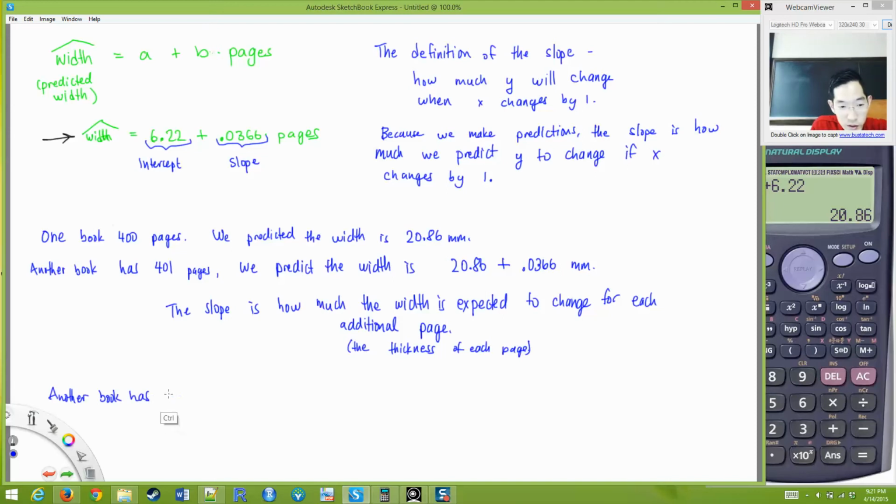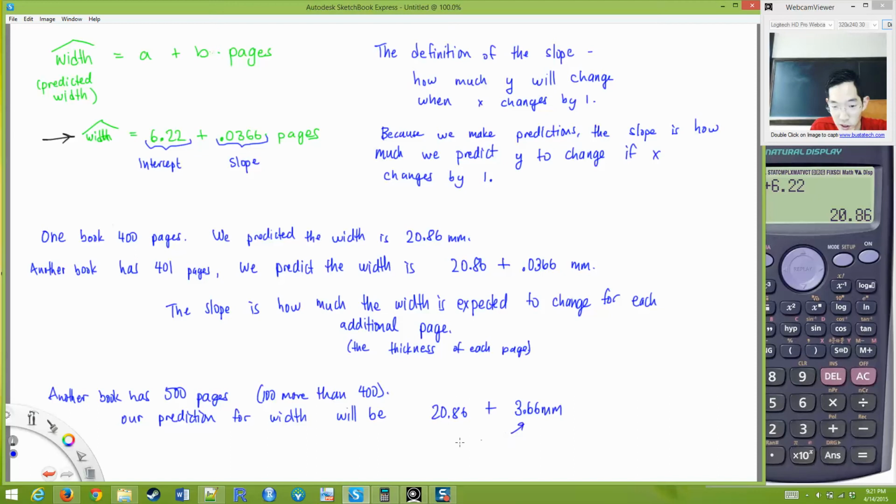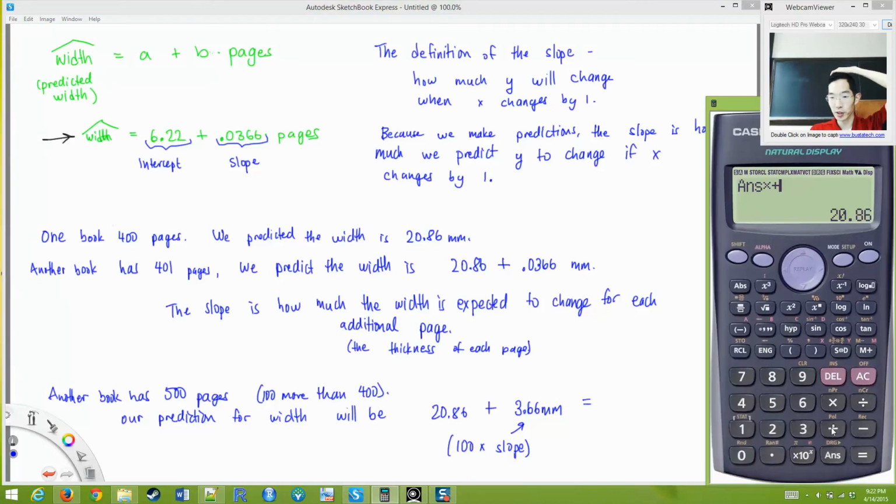So I'll just say another book has 500 pages, which is 100 more than 400. So our prediction for width will be 20.86 plus what? 3.66 millimeters, and 3.66 is 100 times the slope. So 20.86 plus 3.66 is 24.52.